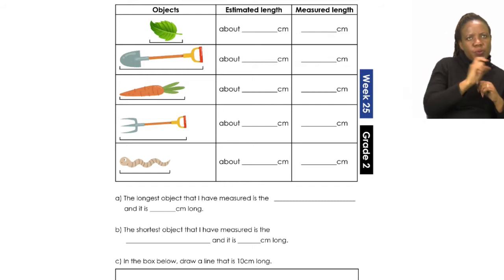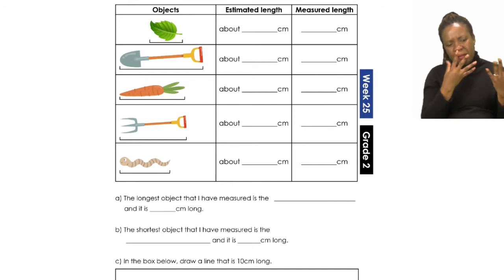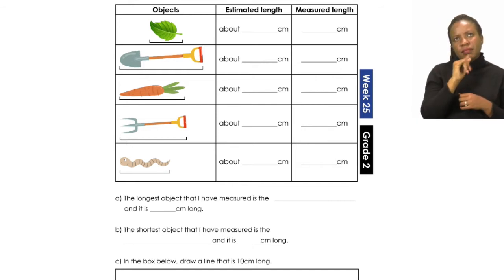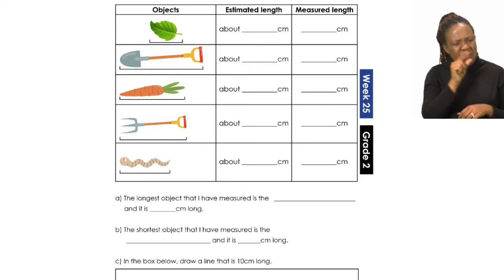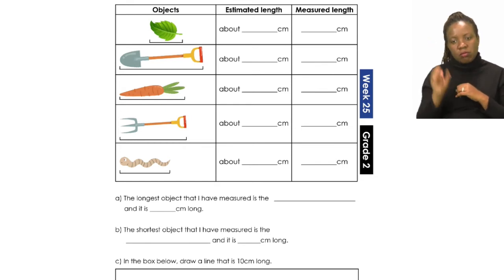Then you will see in the next column, it says estimated length on top. Okay, estimated length means we have to guess the length and then we have to measure the length and write it under measured length. One more time.